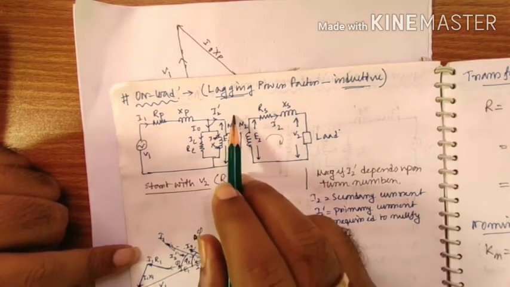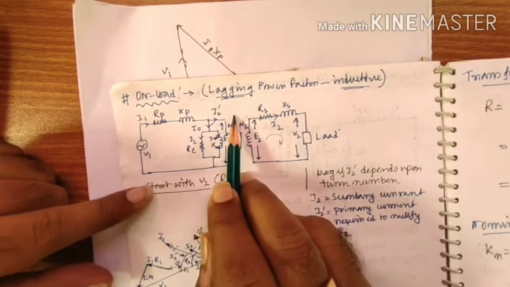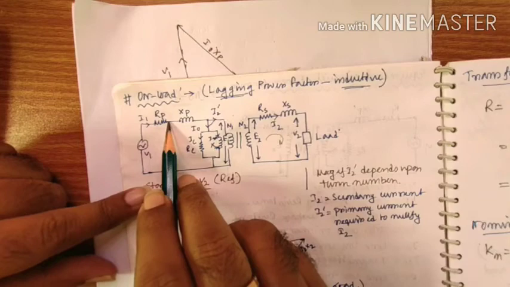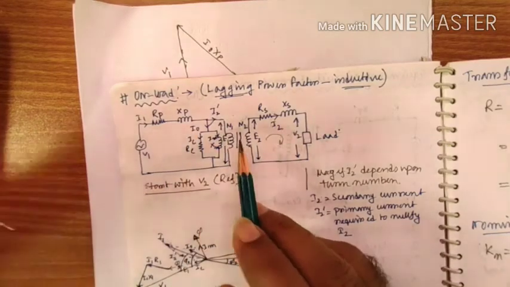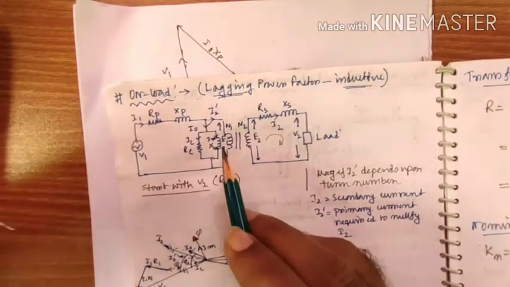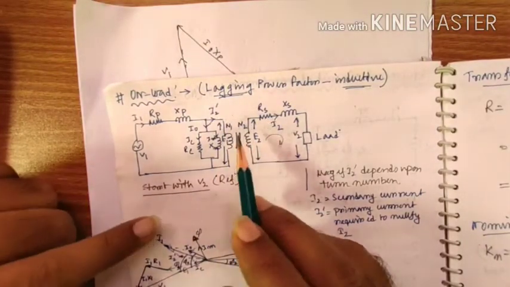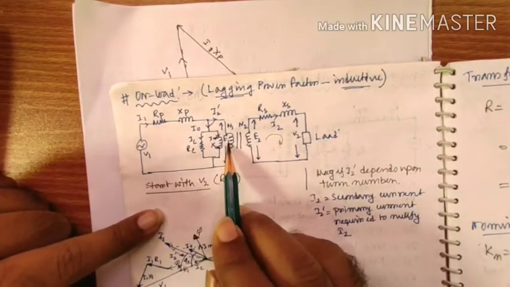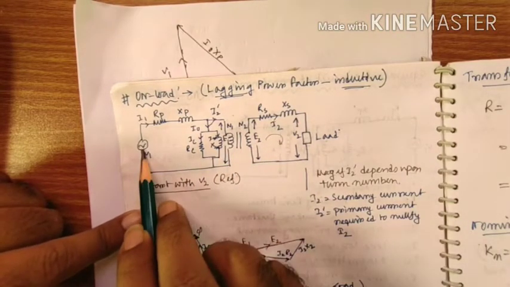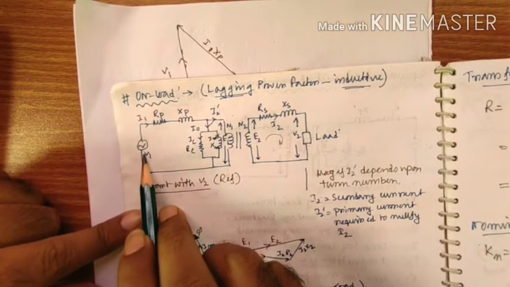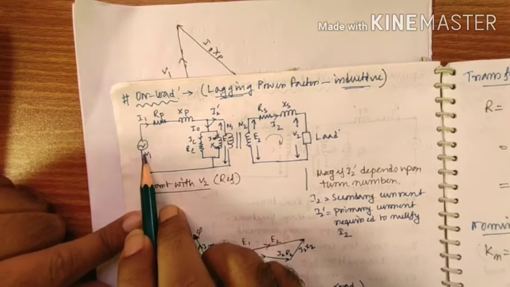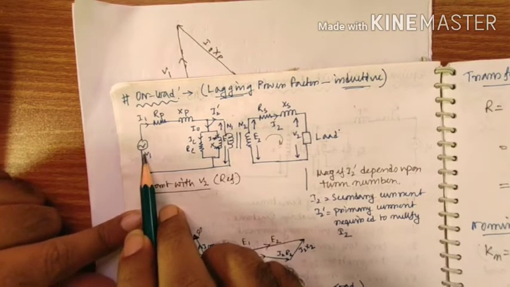Now who provides flux? Flux is provided due to the flow of current in the primary winding. So to provide extra flux within the transformer, the primary winding draws a little bit more current from the source V1 that we have connected in the primary winding side.